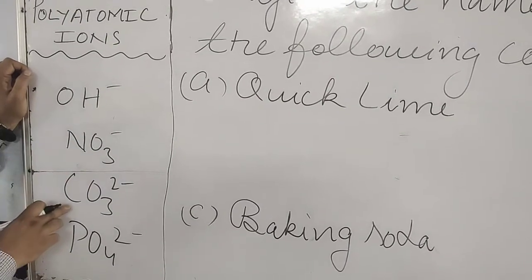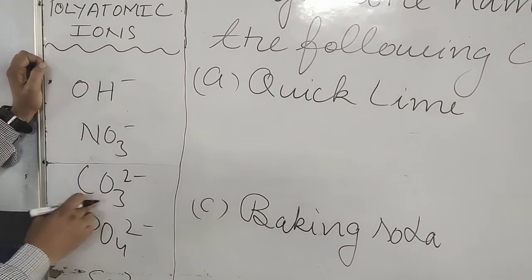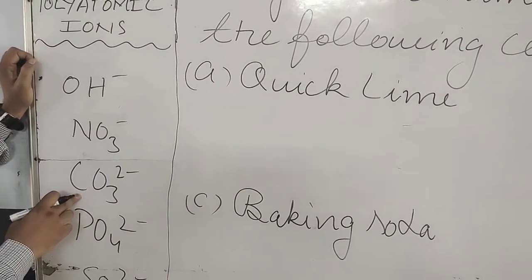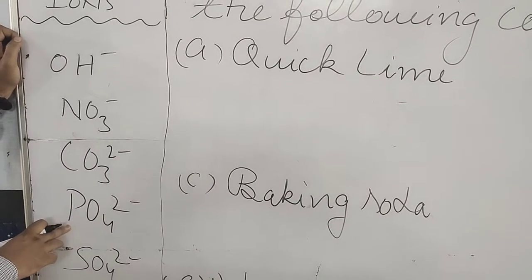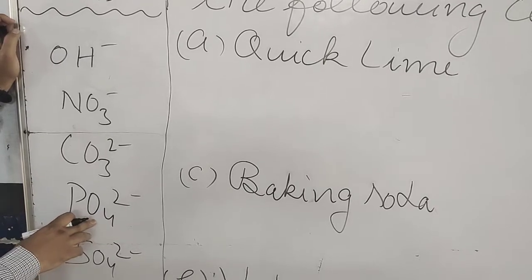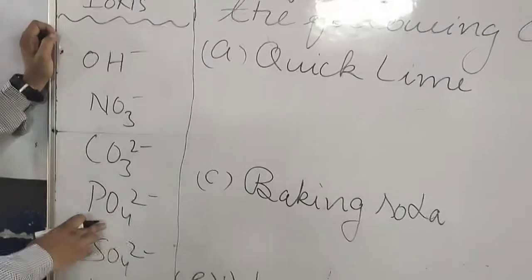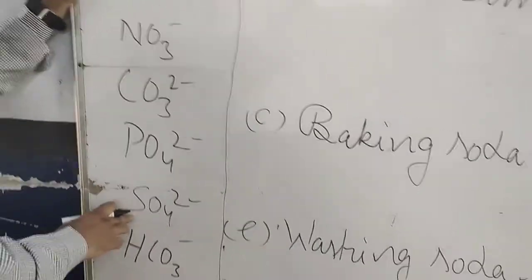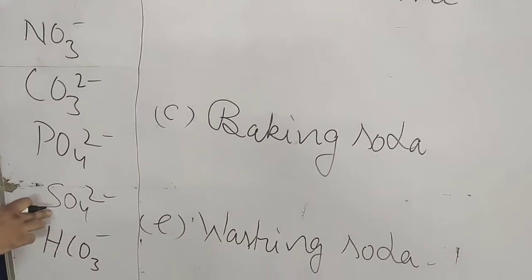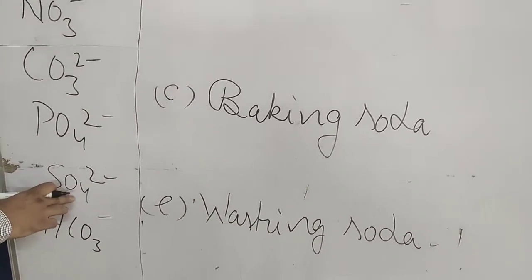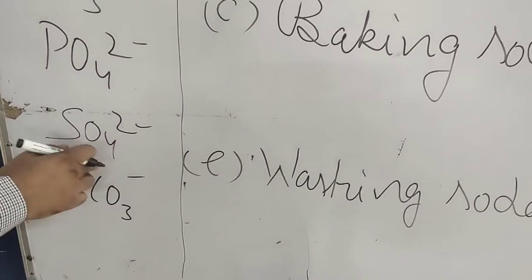It is the carbonate ion and it is an anion and it contains carbon and oxygen. It is the phosphate ion and it contains phosphorus and oxygen atoms. Like this, it is the sulfate ion SO4 and it contains sulfur and oxygen atoms.